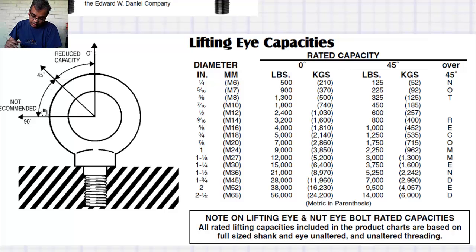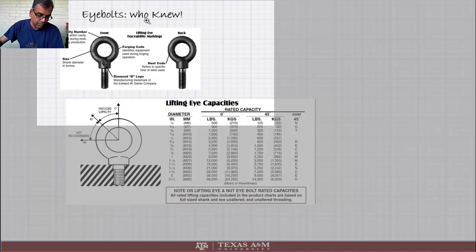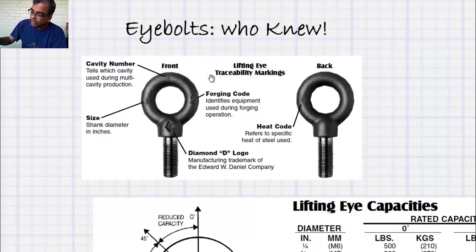But that's not the only information that's there on eye bolts. If you look around here, which is the other place I want to show you, it has a lot of information about the different pieces of information.